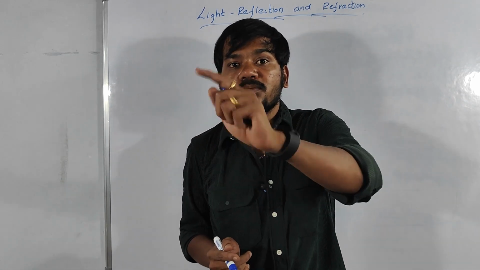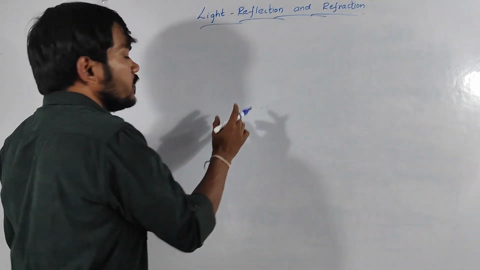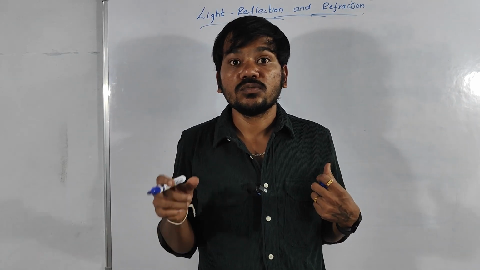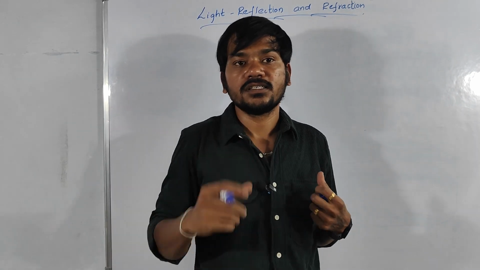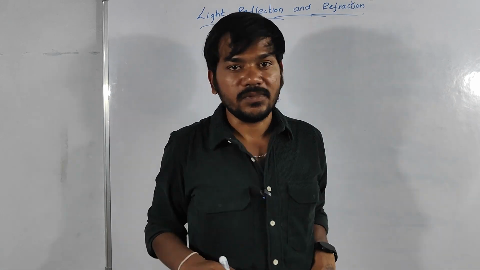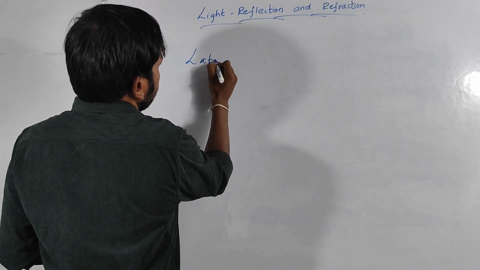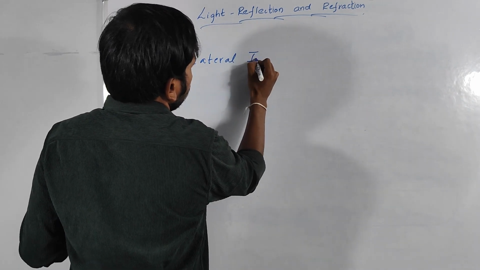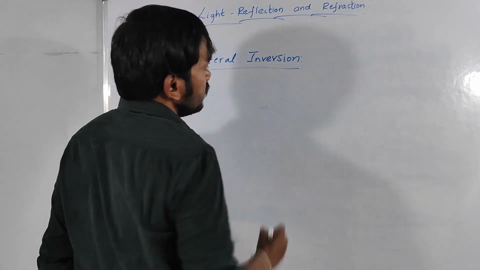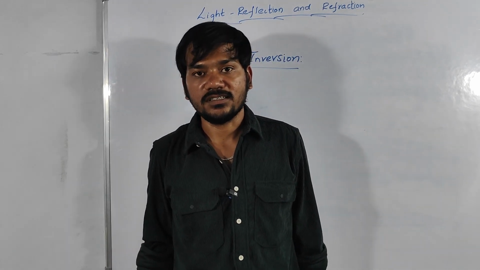In such a way, my right seems to be left and my left seems to be right. The phenomenon in which the right side of the object seems to be the left of the image and the left side of the object seems to be the right of the image is said to be lateral inversion.